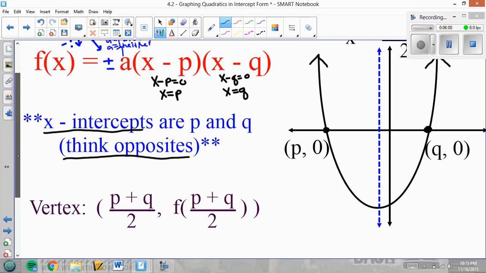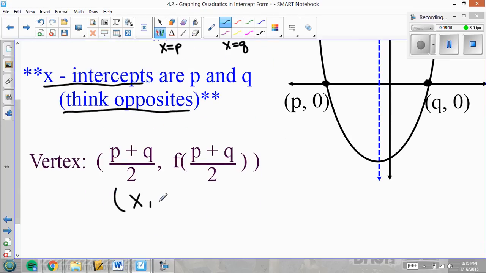Your vertex. Remember, your vertex is always the middle of your graph. So to find the middle of these 2 points, you're just going to take P plus Q, and since there's 2 points, you're going to divide it by 2. That's going to give you the x of your vertex. Just like we were doing before, once you know x, plug in x to get y.